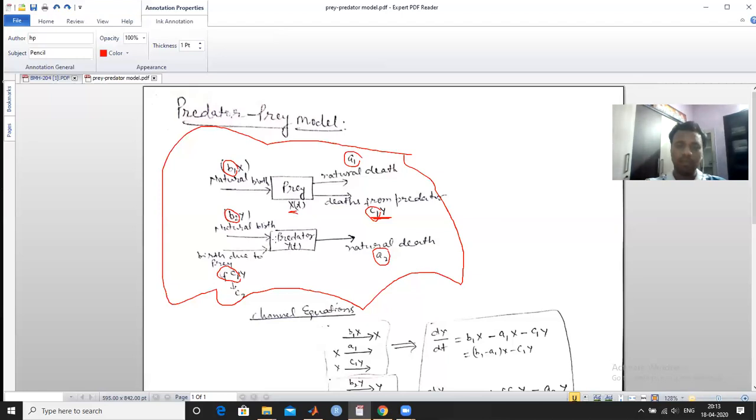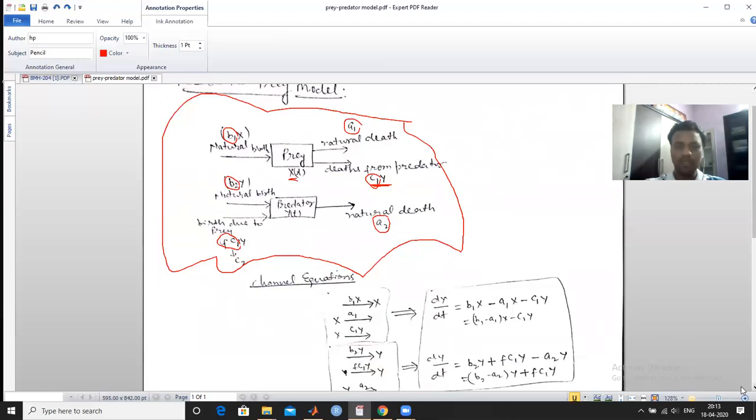There are Y predators in number, so you have to multiply by Y to find the effective birth rate. These are the rate constants, and these parameters are important when we are developing a model and interpreting it. So now we discuss the channel equation.